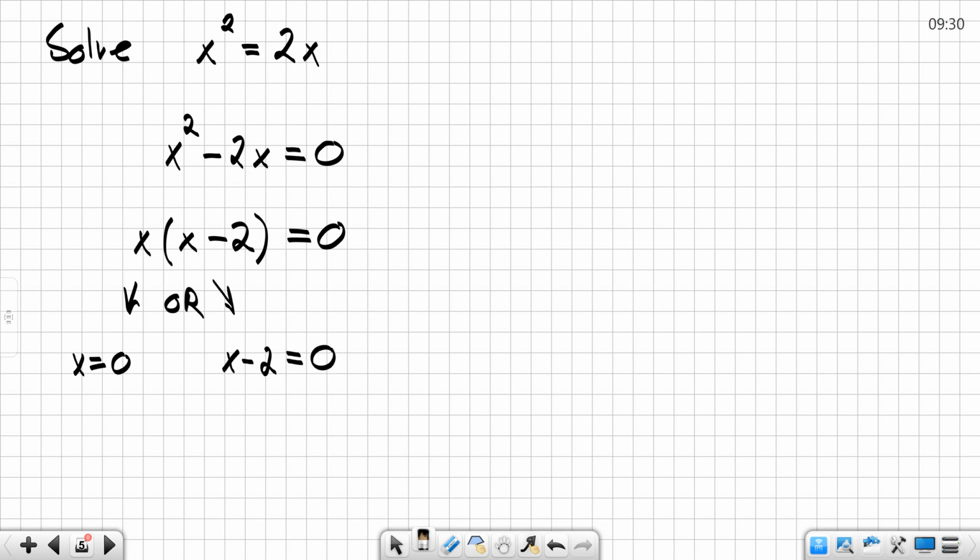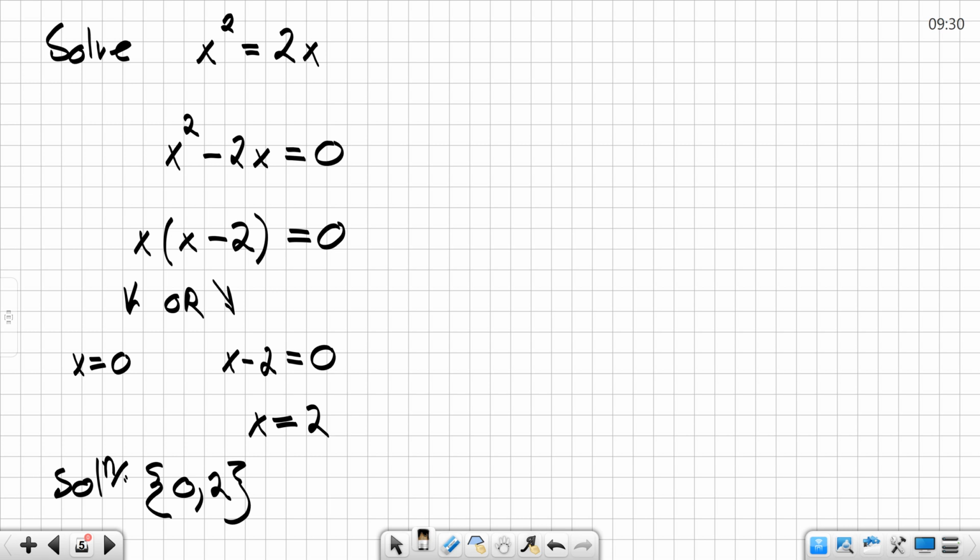Now, the first equation I do not even need to solve. The second one, all I have to do is add 2 to both sides. So I get that the solution set consists of the two numbers, the numbers 0 and 2.